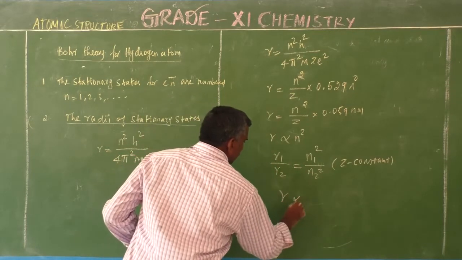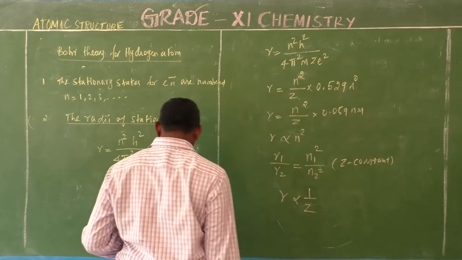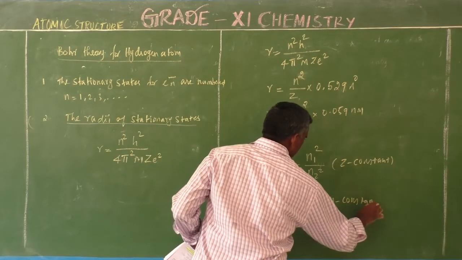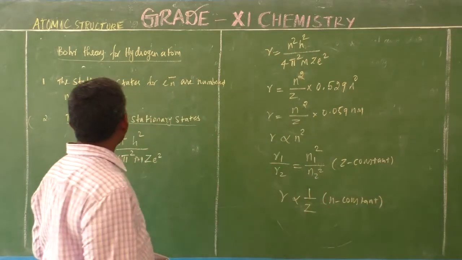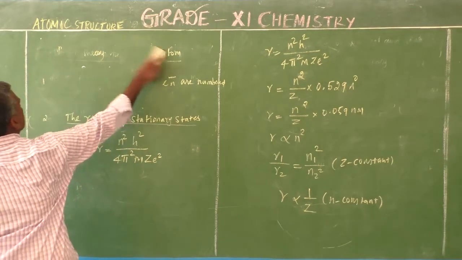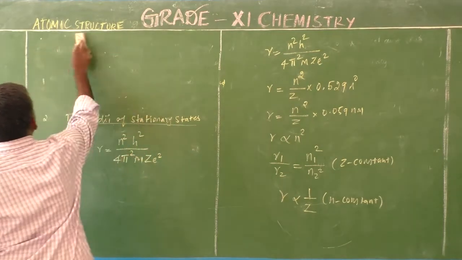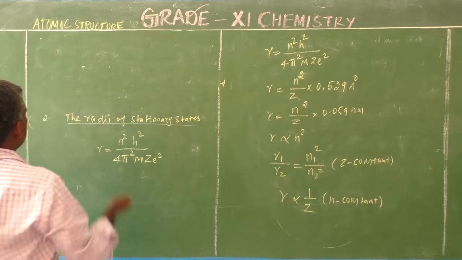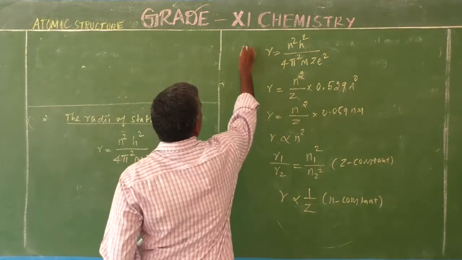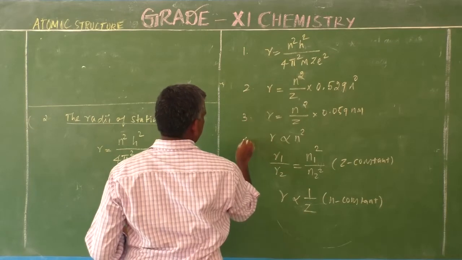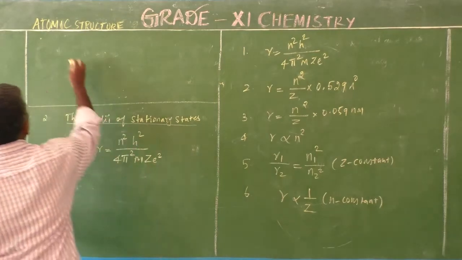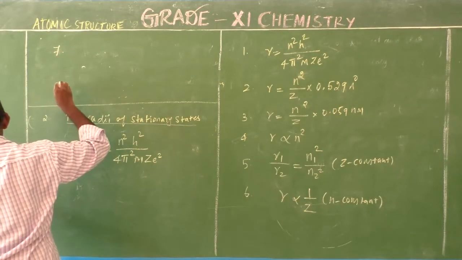R is inversely proportional to the atomic number Z. Here n is a constant. This is the first formula, second, third, fourth, fifth, sixth and seventh formula for radius.